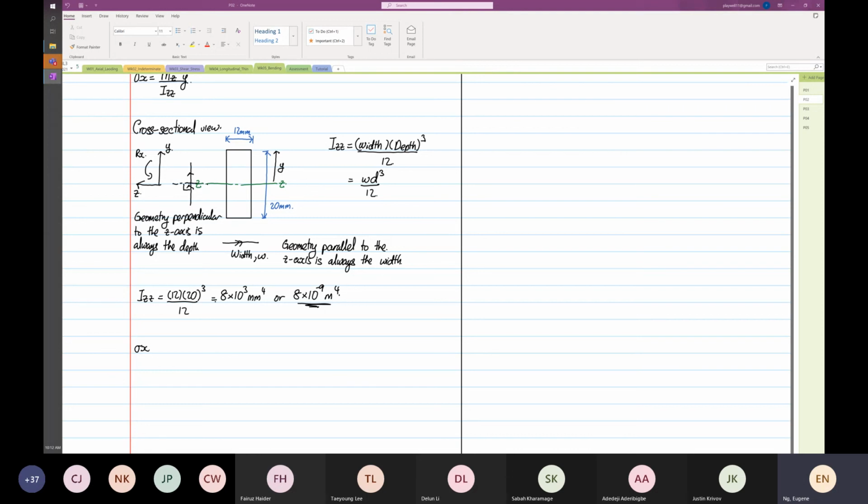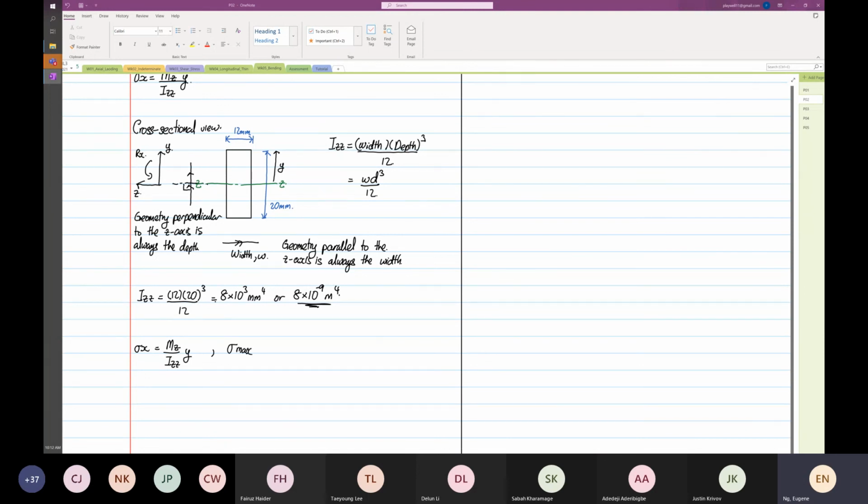The formula that we're going to apply is Mz over IZZ times y, and the question wants us to calculate the stress max.